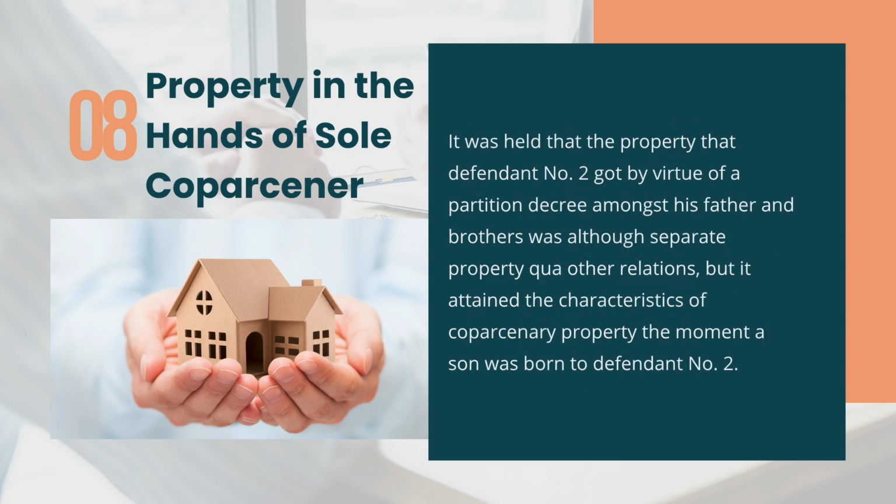It was held that the property that defendant number 2 got by virtue of a partition decree amongst his father and brothers was although separate property qua other relations, but it attained the characteristics of co-partnership property the moment a son was born to defendant number 2.